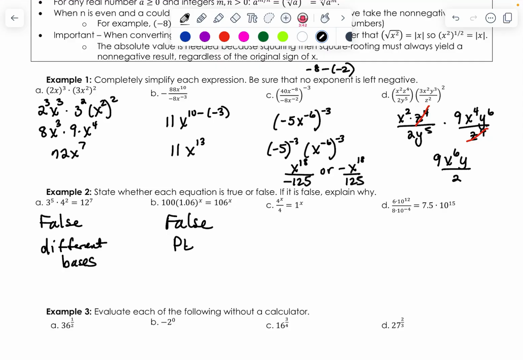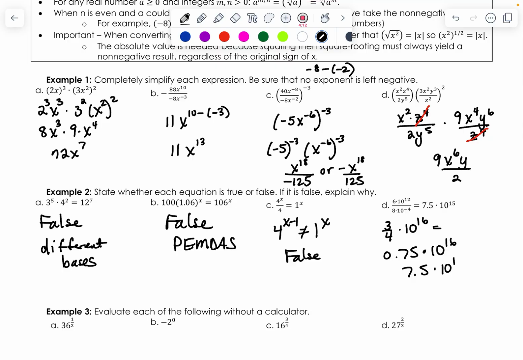This is a PEMDAS error. You have to do the exponent beforehand. On the left, this one's false because you don't cancel the 4s. You use the exponent, the quotient property. This one is 3 over 4 times 10 to the 16, which is 0.75 times 10 to the 16, which that is true. That one's a true.